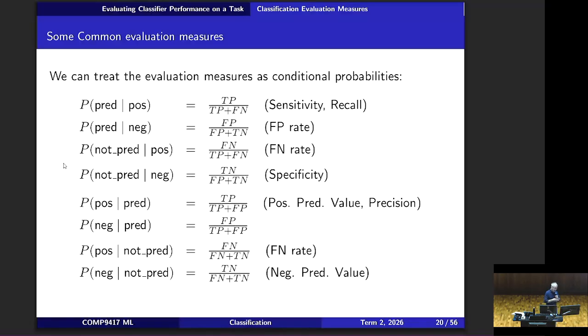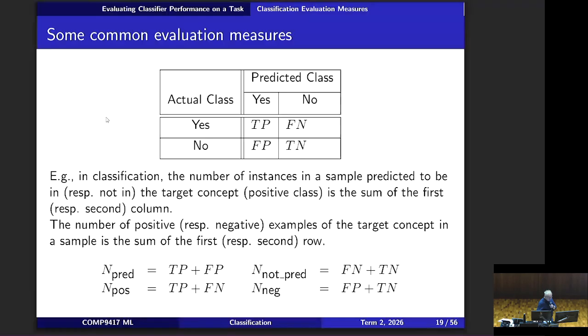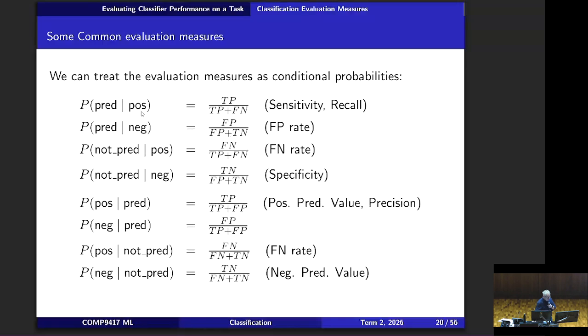And on the left-hand column, I've expressed them as conditional probabilities, which again is not standard. You do see this sometimes, but not in the way I've done it here. So this is just saying the probability of making a prediction of yes, given that the data is actually classified yes.